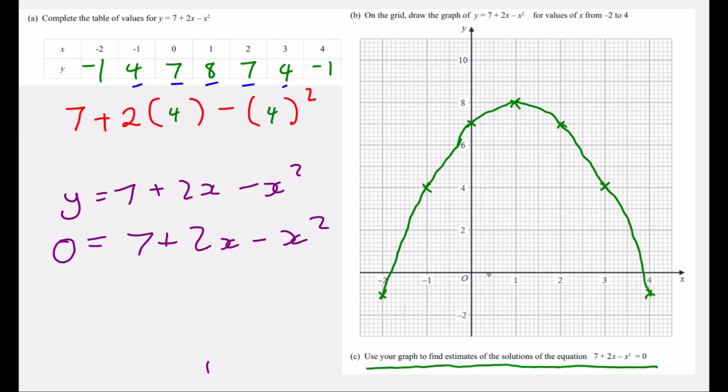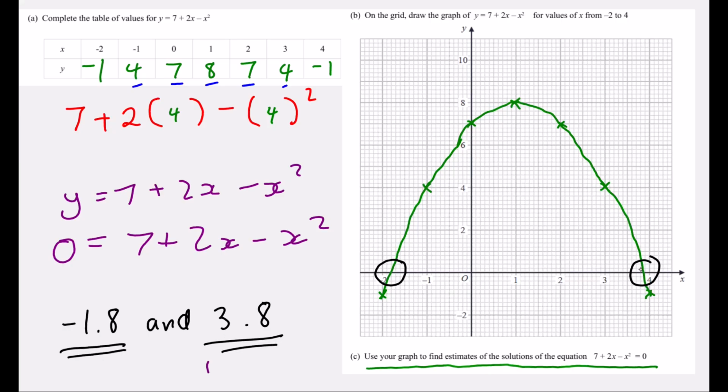So it's when y is equal to 0, and that's where it crosses the x-axis. So they are the solutions to the equation, and we'll just read them off. So it looks like negative 1.8, and that's either 3.8 or 3.9. I write 3.8, but if you did write either, it would be okay. So I've got negative 1.8 and 3.8.